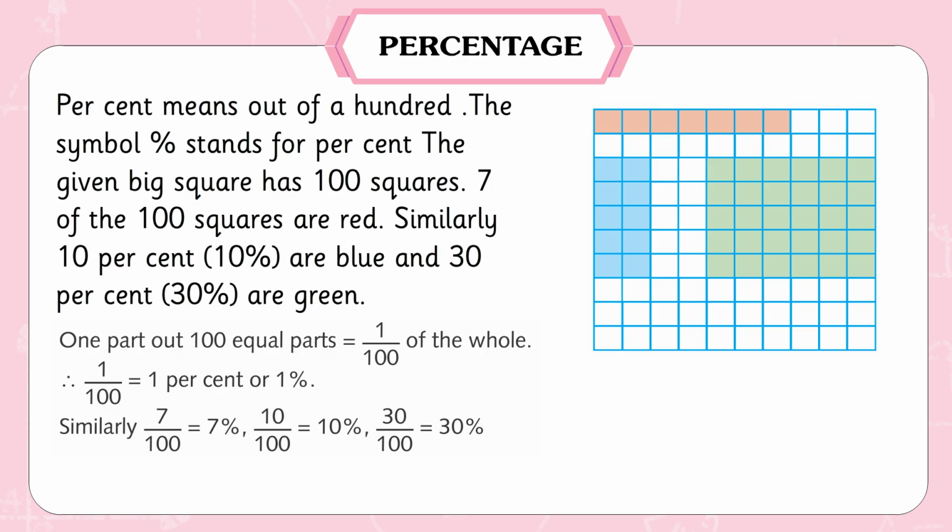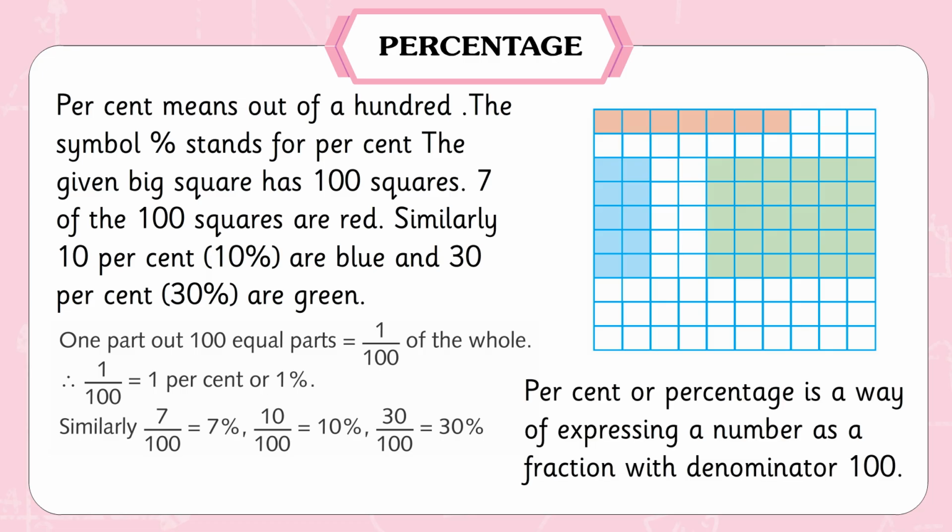One part out of 100 equal parts is equal to 1 upon 100 of the whole. So, 1 by 100 is equal to 1%. Similarly, 7 upon 100 is equal to 7%. 10 upon 100 is equal to 10%. 30 upon 100 is equal to 30%.